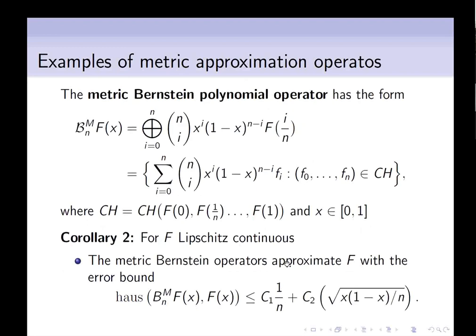Also for Bernstein polynomial operators, we have an approximation result. Here is its definition, the adaptation by metric linear combination. And in this adaptation, we have an approximation result for Lipschitz continuous functions with compact images in R^d, in general R^d, and not only in R as in the adaptation by the metric average. So this is our error bound.